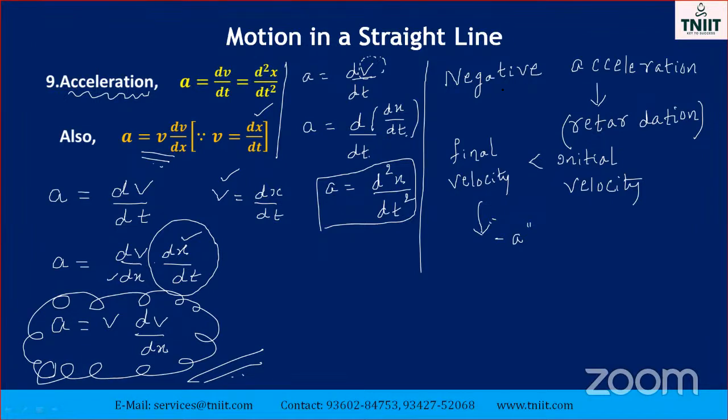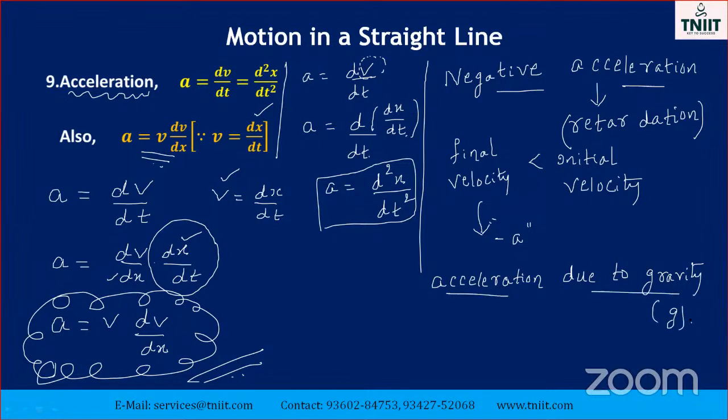This is called retardation. And there is one more acceleration. I think you know, you have studied in high school itself, that is acceleration due to gravity. That is denoted with the symbol g. So how do you define the acceleration due to gravity g?